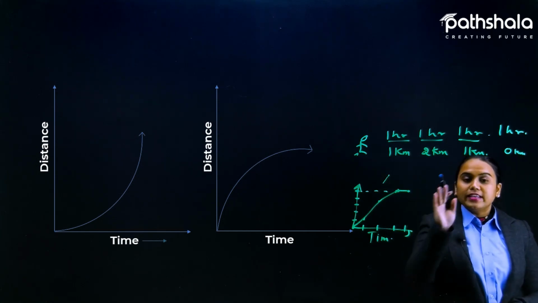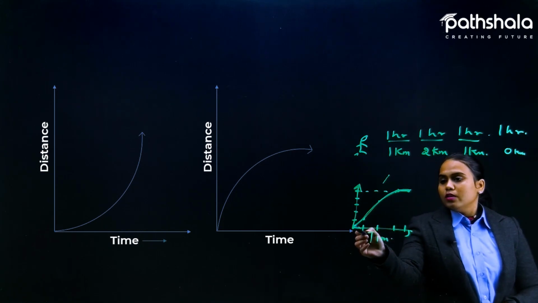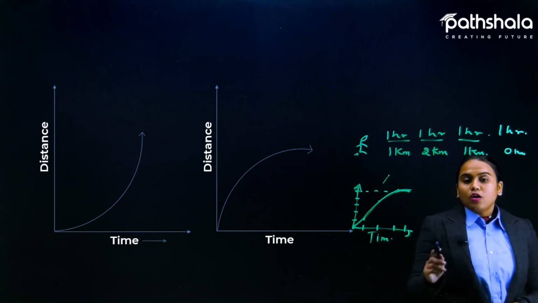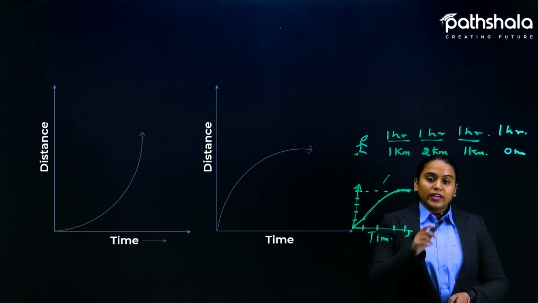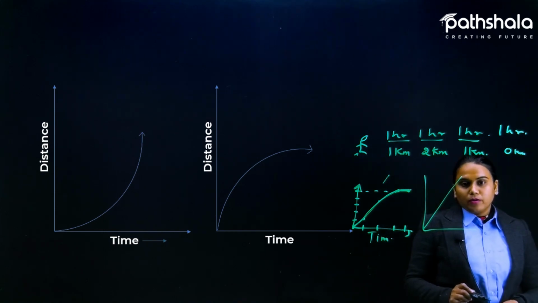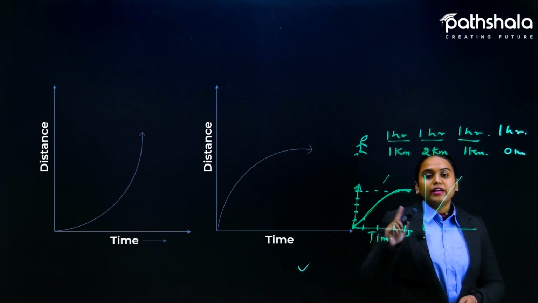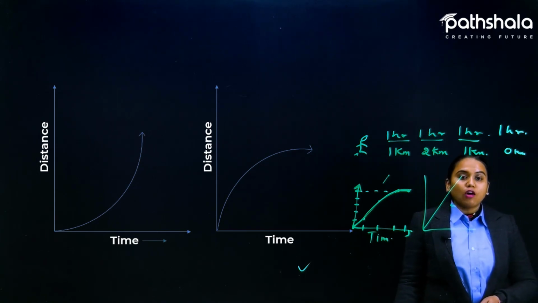Whatever distance he has covered, he is not going to move. So the graph will be like this now. It is shifting towards the rest position. Now we can say that any graph that is not a straight line like this is actually non-uniform. These two are examples of the non-uniform graph, and the earlier one like this, I have told you, is uniform motion.